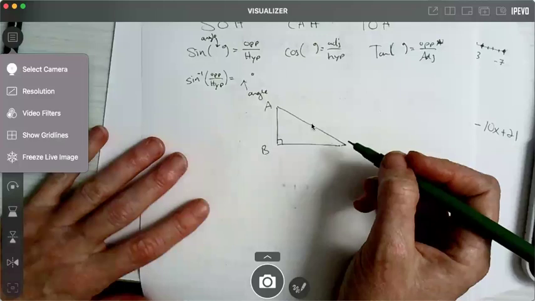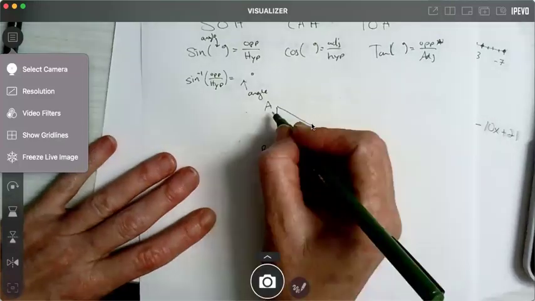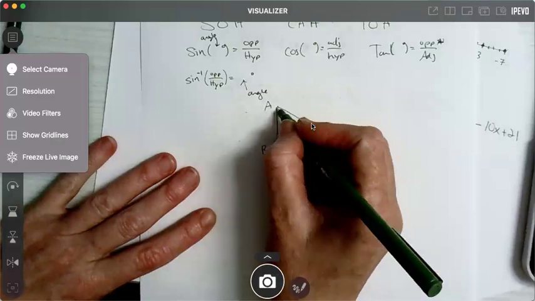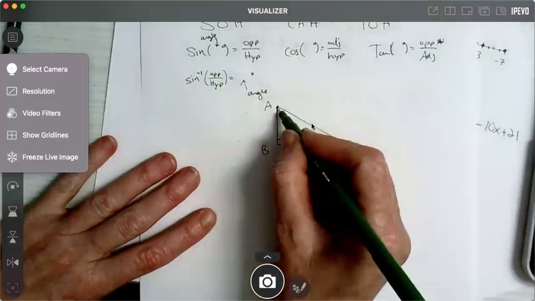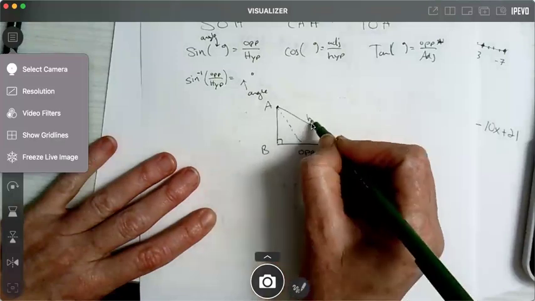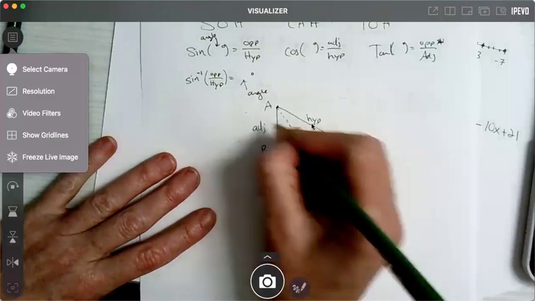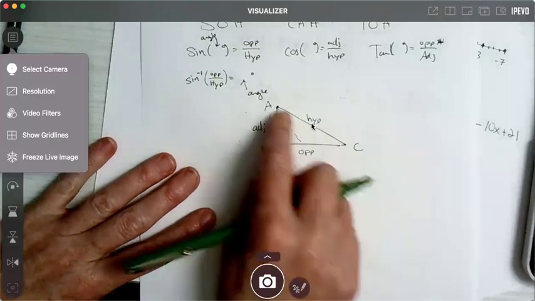Okay, so sorry, going back to this. If I have my triangle, say I'm looking at angle A, my opposite would be all the way across. The hypotenuse is always the long side across from the 90-degree angle, and then the adjacent is the leg that's touching A that's not the hypotenuse.